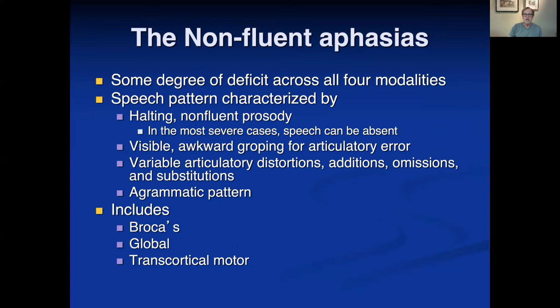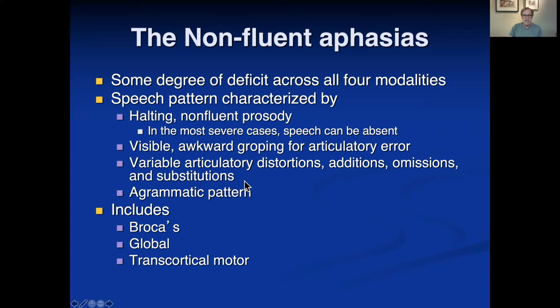In the non-fluent aphasias, the speech pattern is characterized by halting, non-fluent prosody. In the most severe cases, speech may be absent. There's visible and awkward groping for articulation, variable articulatory distortions, additions, omissions, and substitutions, and an agrammatic pattern of speech.